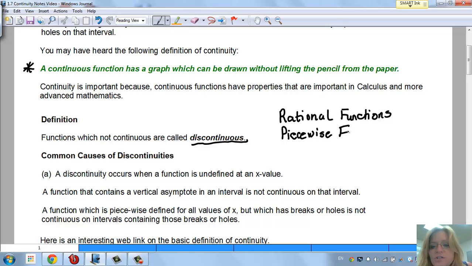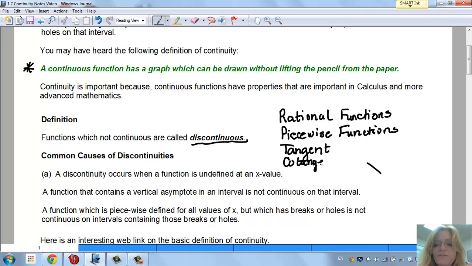Piecewise functions had some holes or breaks in the graph. And the tangent function has holes and breaks in it, and so do all the rest of them, because sine and cosine are continuous, but cotangent can have discontinuity along with secant, and cosecant.